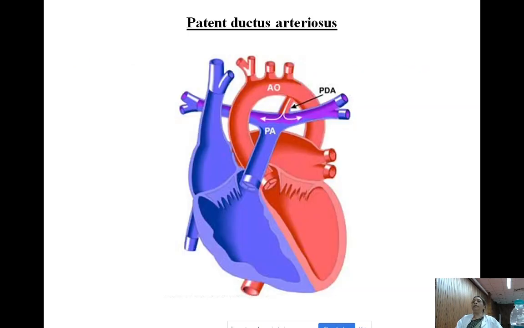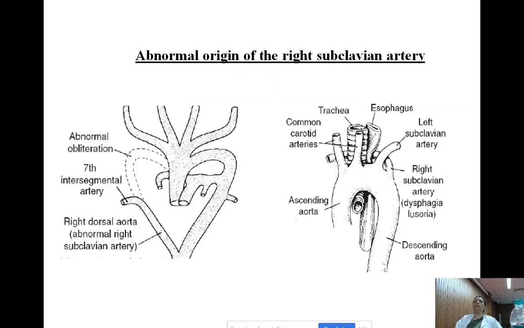Now here again we come to this one. So here you can see that the right subclavian artery is taking origin from the aorta distal to the left subclavian artery. And in that case, the right subclavian artery, because it is present on the left side, has to go to the right side to supply the right limb.